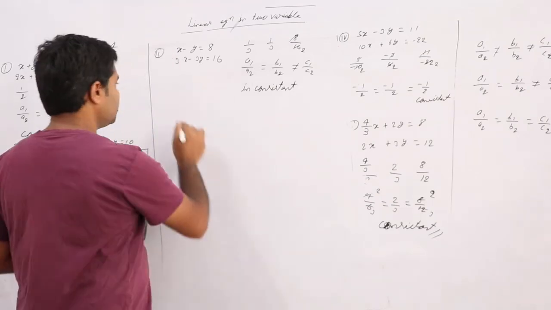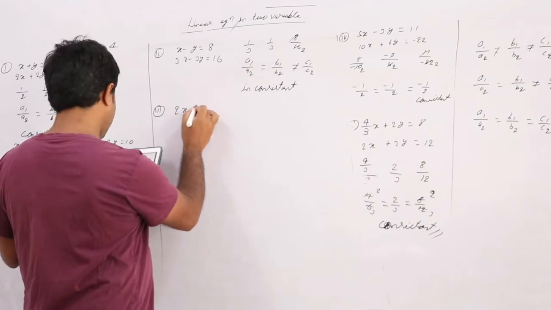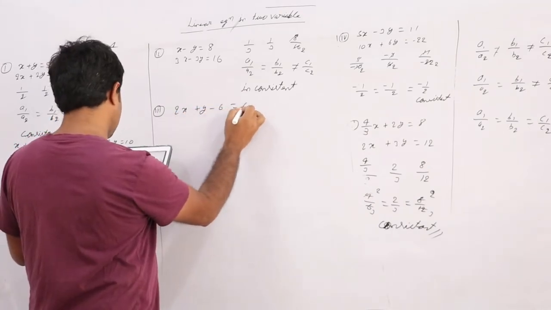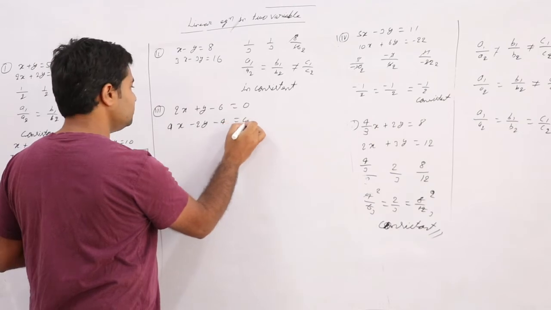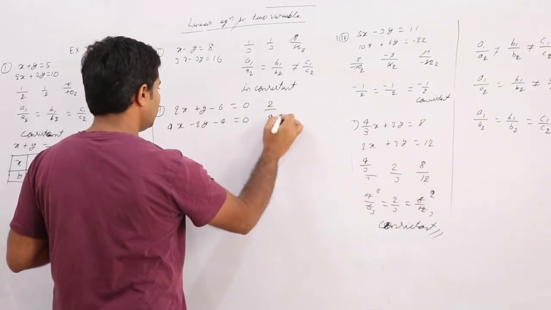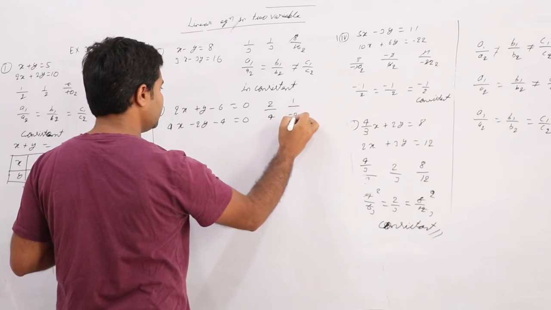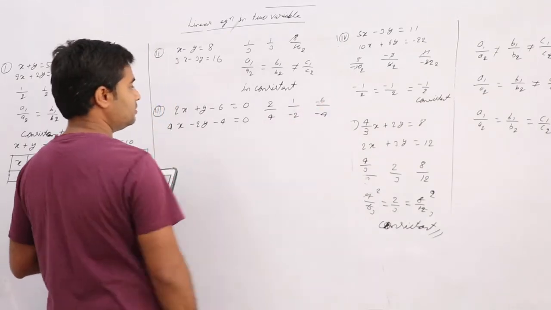Yes or no? Question number 3 is saying 2x plus y minus 6 is equal to 0 and 4x minus 2y minus 4 is equal to 0, right? Find it. 2 by 4, 1 by minus 2 and 6 by minus 4, right?